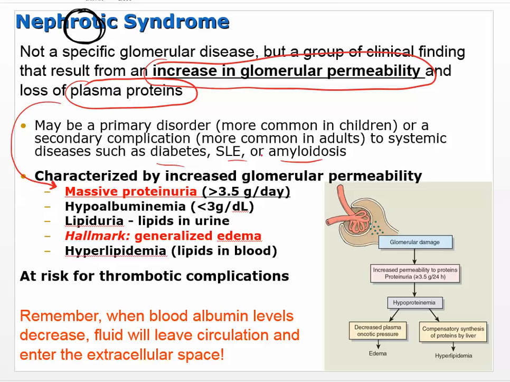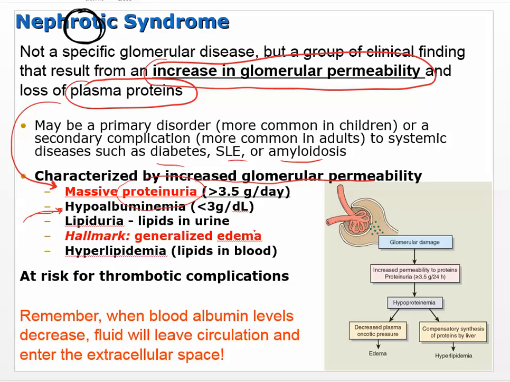So any number of diseases can lead to this breakdown of the glomerulus: increased glomerular permeability, massive proteinuria greater than 3.5 grams per day, hypoalbuminemia, which means that these proteins that are leaving in the urine are no longer in the blood, so you have reduced albumin in the blood, and lipids in the urine.